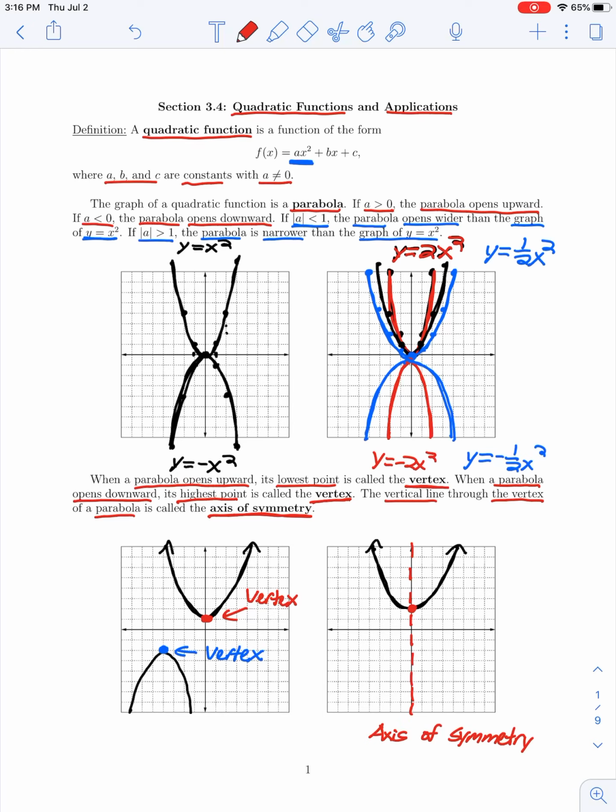And it's referred to as the axis of symmetry because we can see that our curve is symmetric about that axis. So if we were to reflect it about the axis or fold it on that axis, we see that the curve matches up with itself.